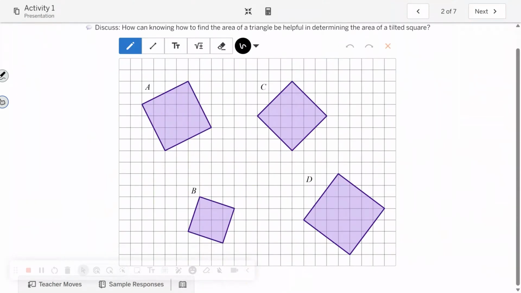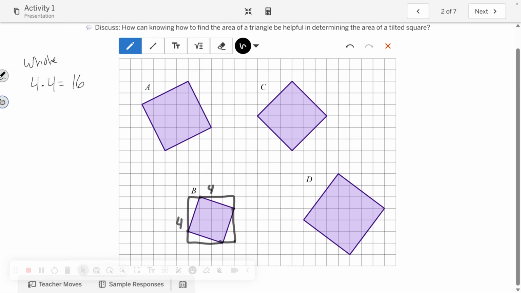Okay, so now we're going to do letter B using that same strategy. I'm going to start by extending my square, kind of encapsulating it. Then I need to find the area of the whole thing, 1, 2, 3, 4 by 1, 2, 3, 4. So for the whole thing, I need to do 4 times 4, which is 16. So the whole area is 16.